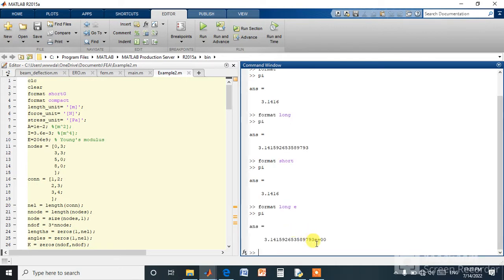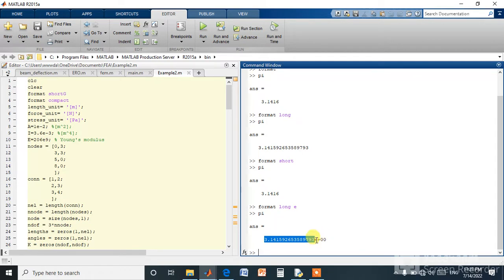Beautiful. Now, what is the difference between the long and the long E? Observe the difference. There is an exponential power here. This thing written as E plus 00 is the same thing as 3.141 and the remaining digits you're seeing here, times 10 raised to power 0.